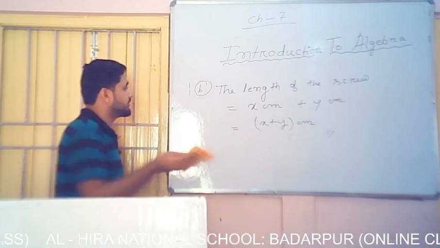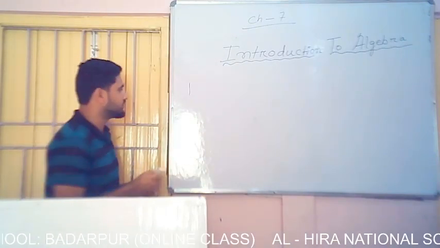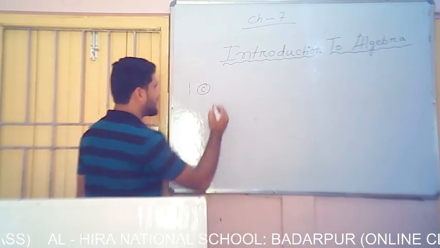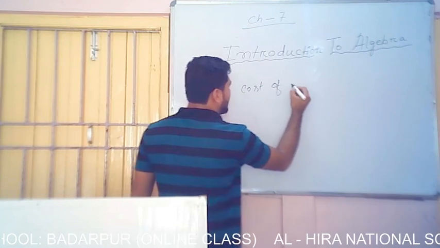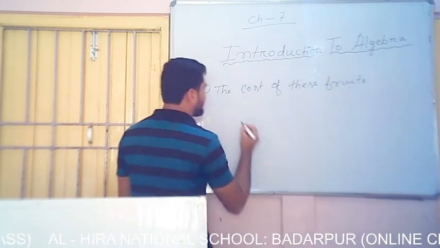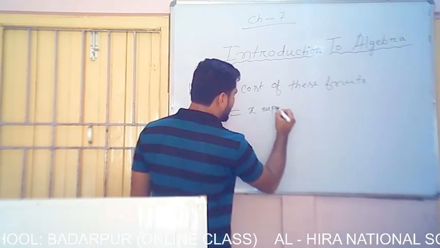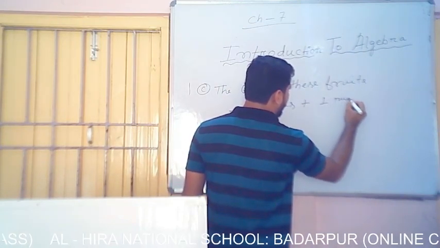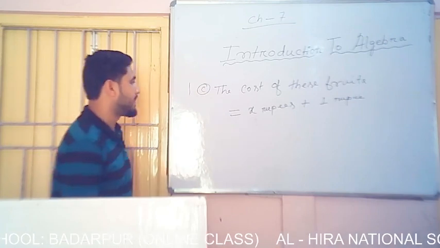Let us write number C. The cost of these fruits equals x rupees plus 1 rupee.